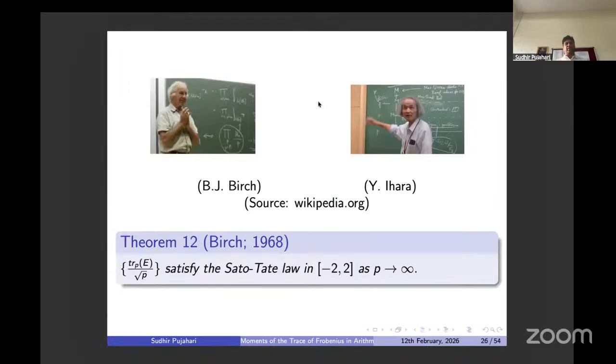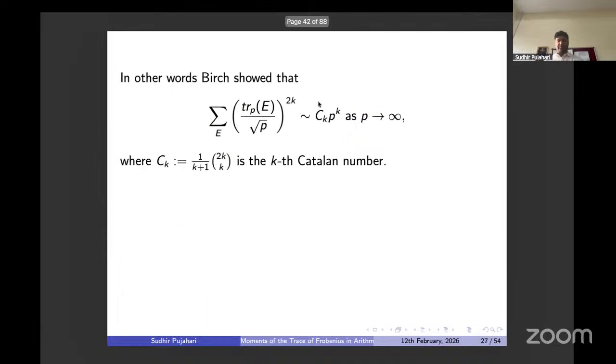He showed that the trace of Frobenius of elliptic curves as p varies is going to be equidistributed in the interval -2 to 2 with respect to the Sato-Tate measure, or semicircular measure. To prove his result, he used the mighty method of moments.